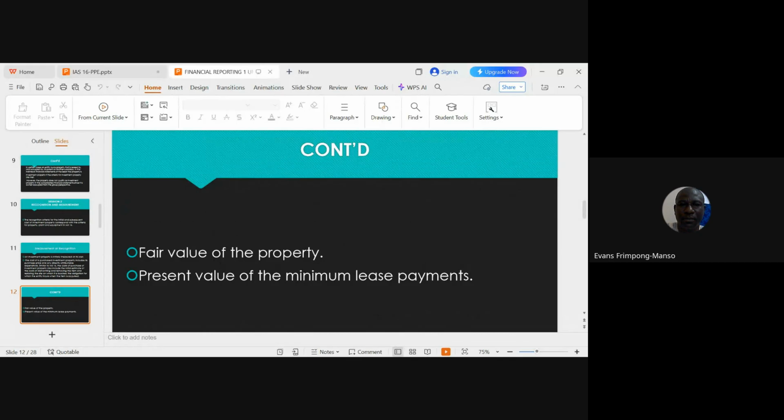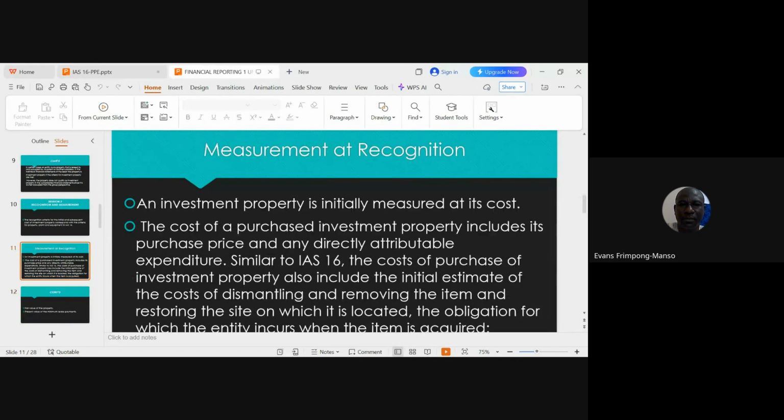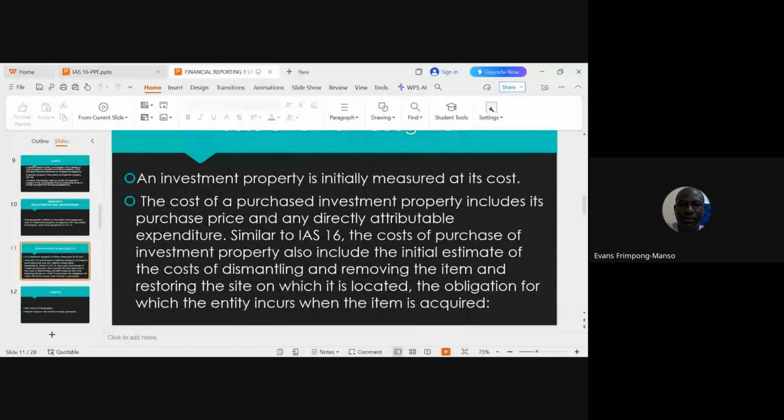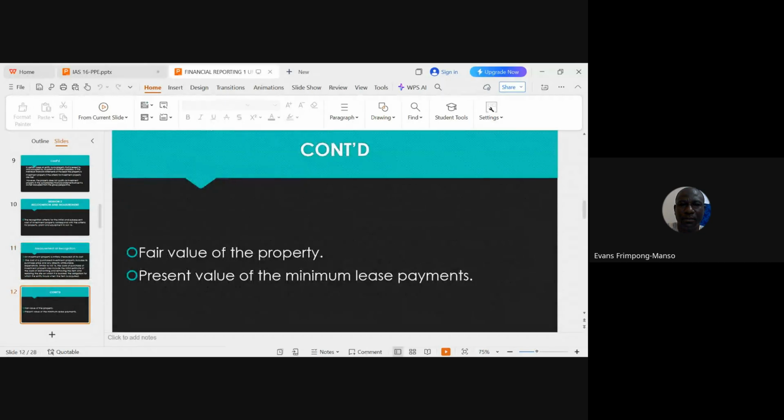Now, fair value of the, let me see, there's something here. You can also measure it using the revaluation model, which I talk about as the fair value. Subsequently measure it at fair value or the revaluation value. At times too, where you know the future cash flows of the lease payments, because when you lease, like you rent something, that's a lease.